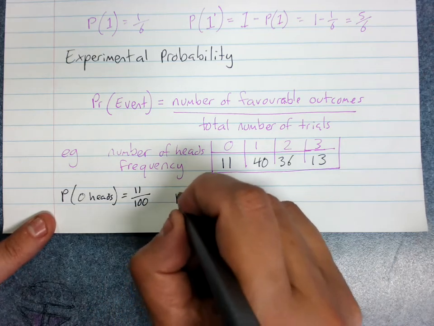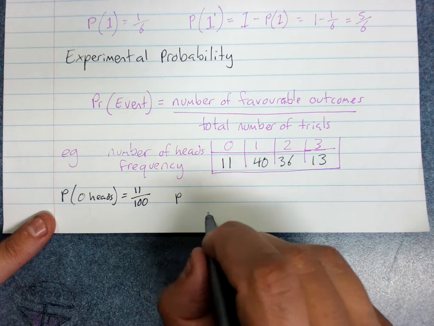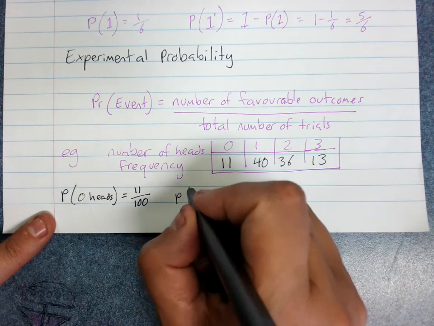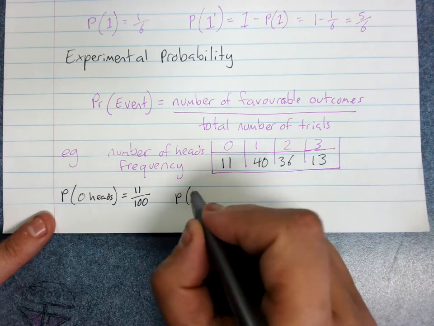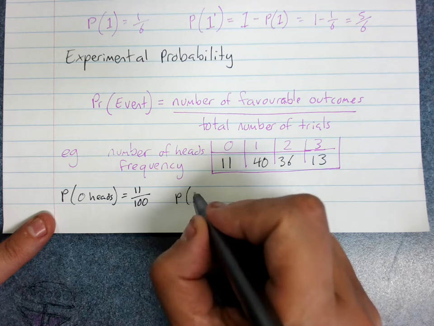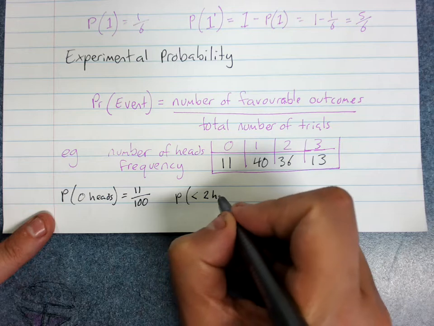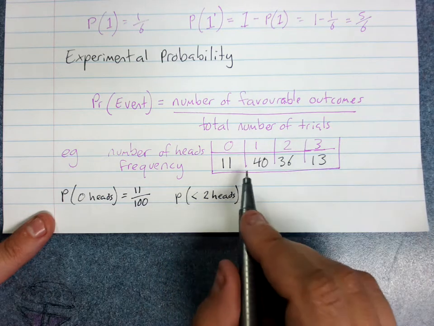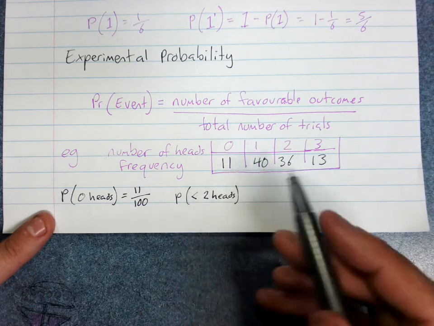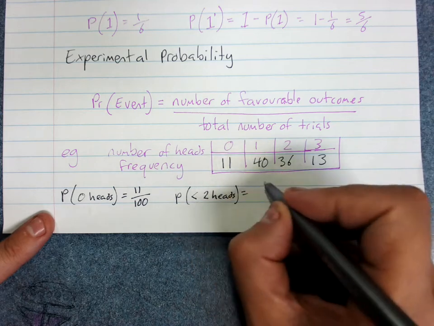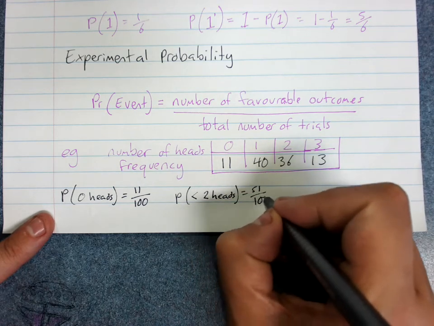The probability of, say, fewer than 2 heads would be 1 head or 0 heads, so less than 2 heads. So either 1 head or 0 heads would satisfy that, so that would be 51 out of 100.